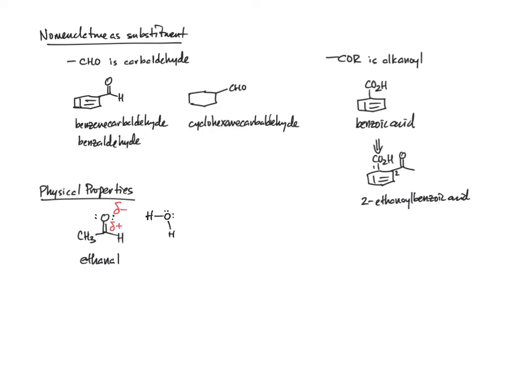If water is an H-bond donor, the ethanal is an acceptor. We're going to draw our H-bond as just a dotted line. We'll call that H-bond. That basically tells us that if we take some ethanal, it might be slightly miscible in water due to this interaction, this attractive force.